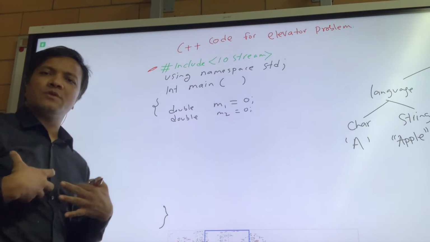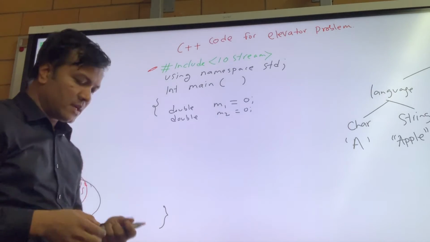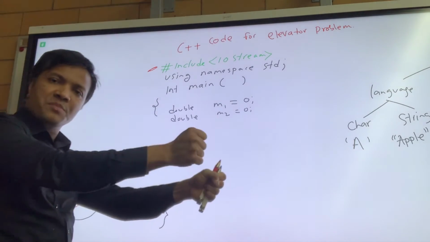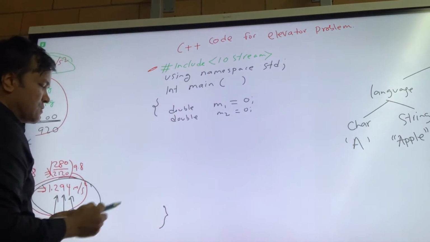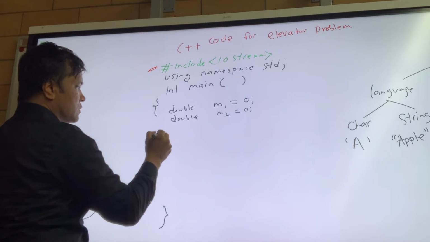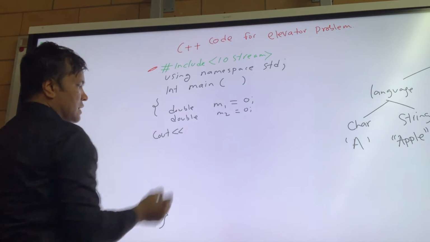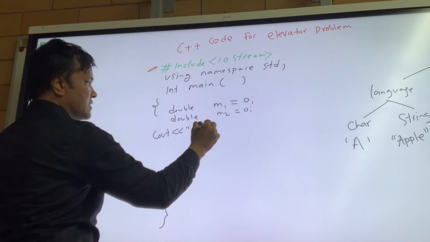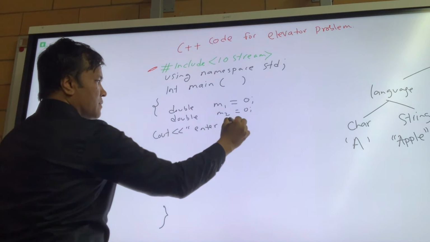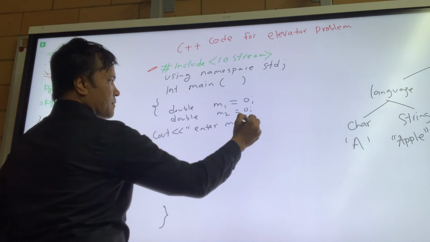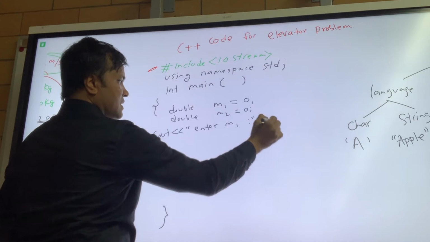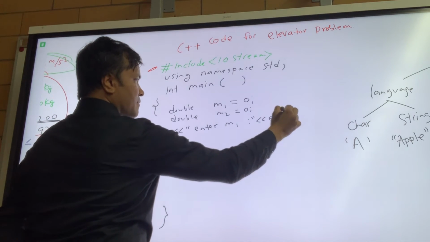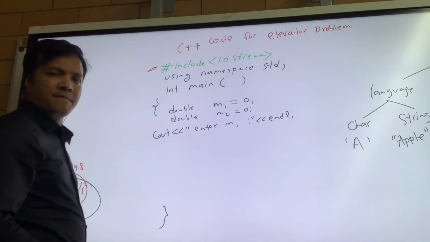Now we're going to have to write a cout print statement. We're going to give the computer input, and this is how you give the computer input. Cout, less than less than, enter M1, less than less than endl. And endl means end line.